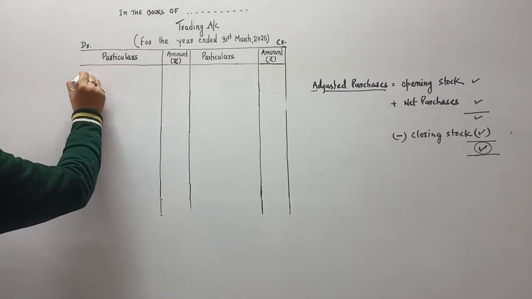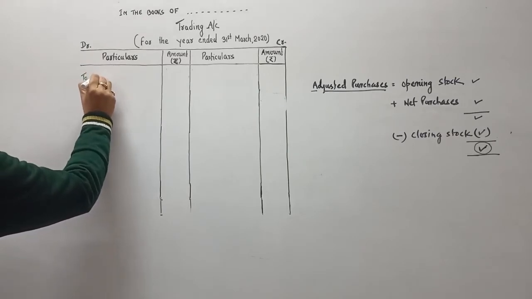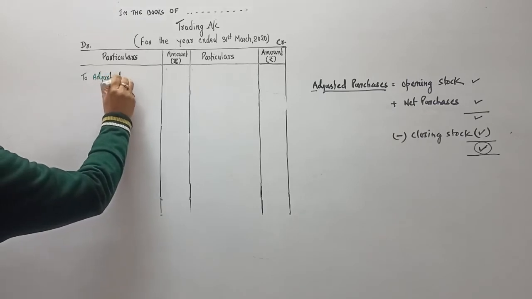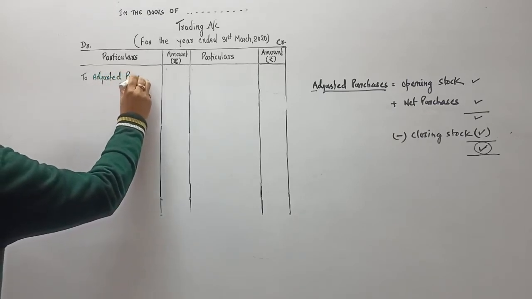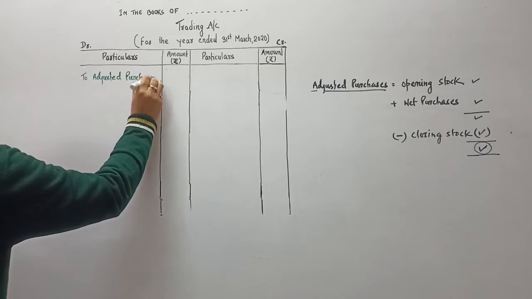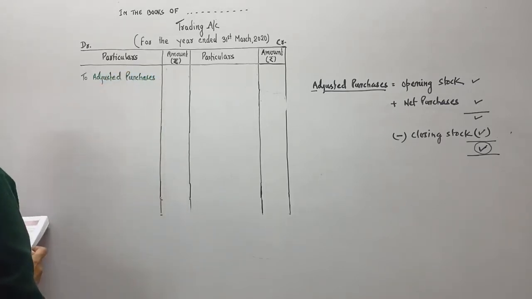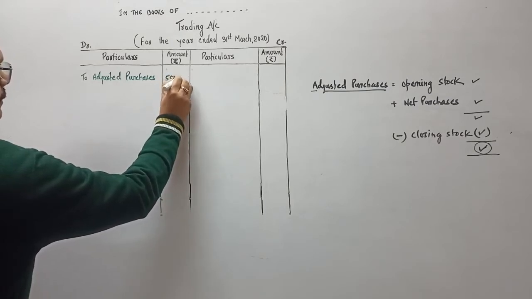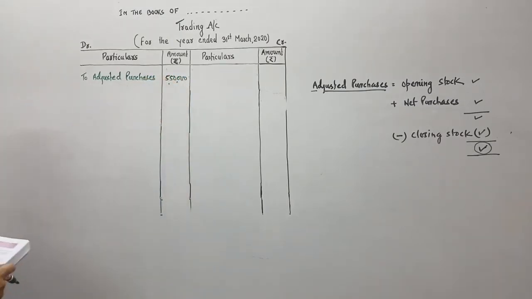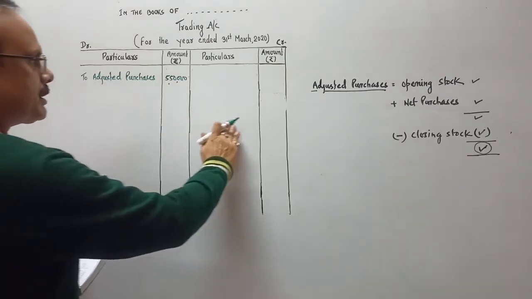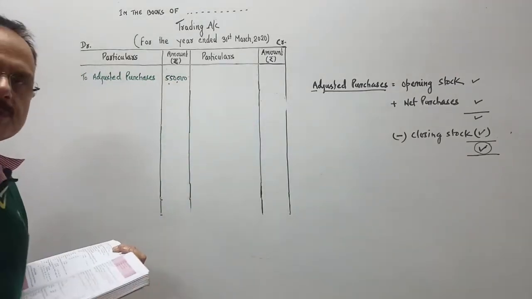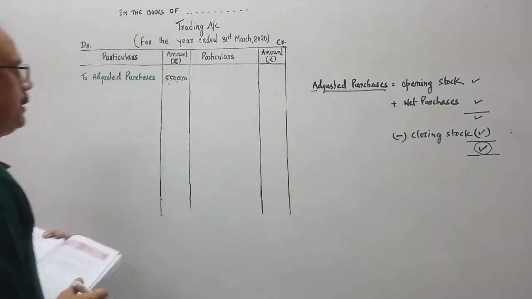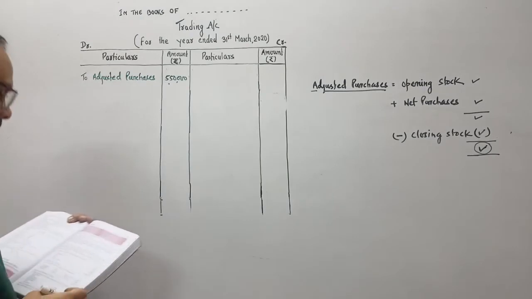So you write on the debit side, to adjusted purchase, 5,50,000. Why are we not going to write the closing stock in the credit side of trading account? Because it is already deducted while calculating the adjusted purchase.